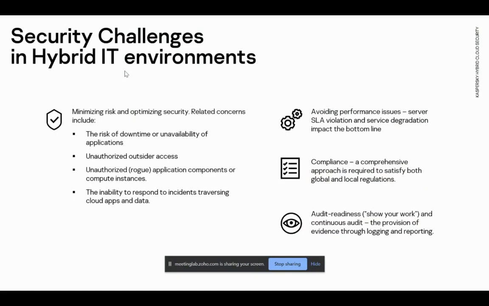We see a lot of times where the cloud account is hacked, and unauthorized application components or compute instances are deployed. There is also a challenge of auto scaling, and we'll see in a later slide how auto scaling is also a security risk.